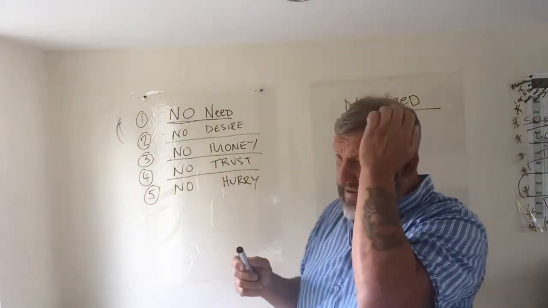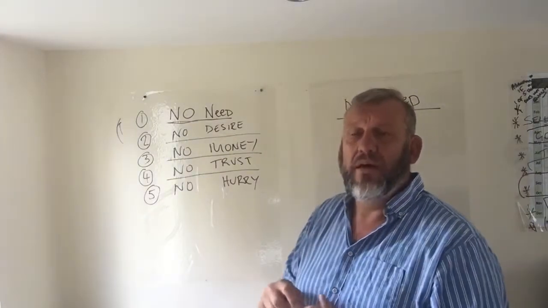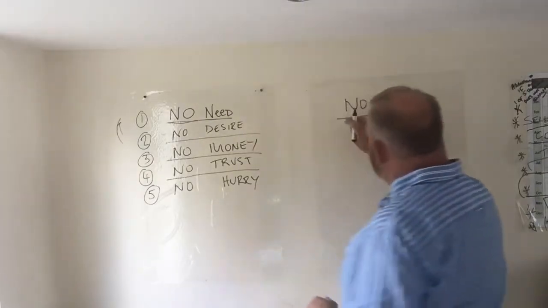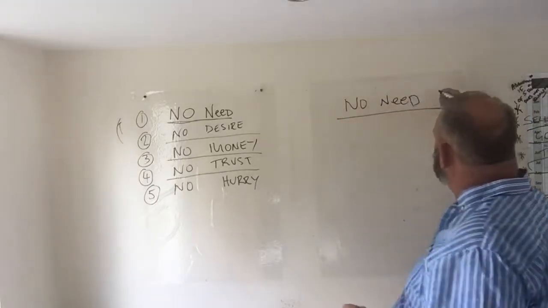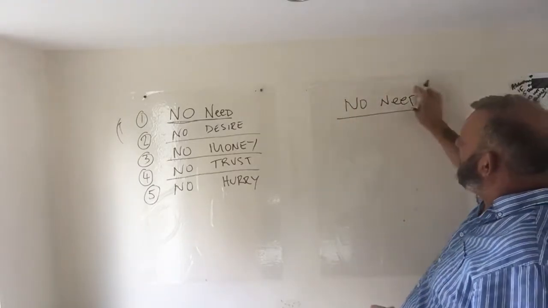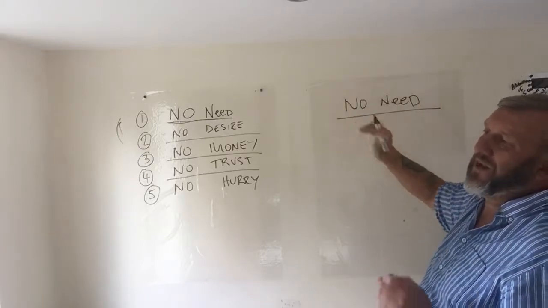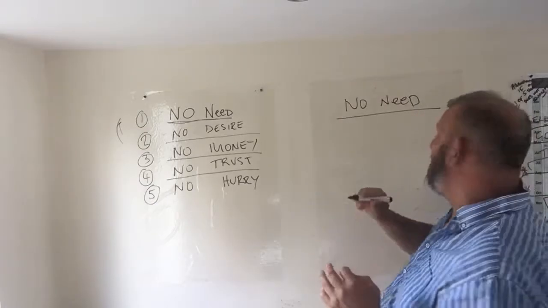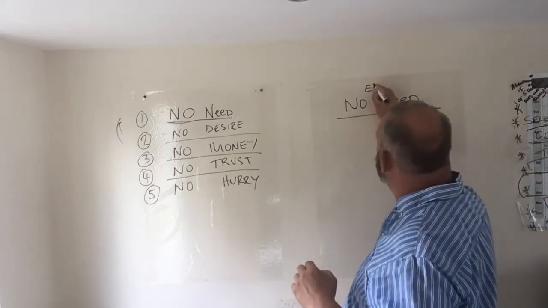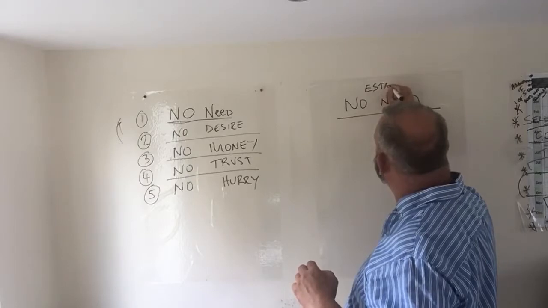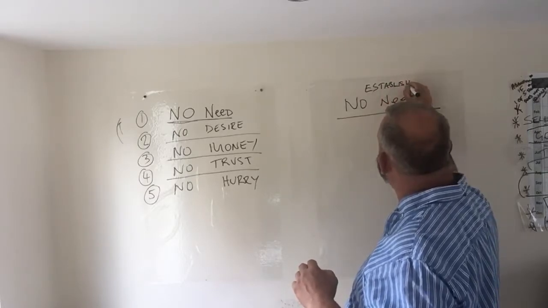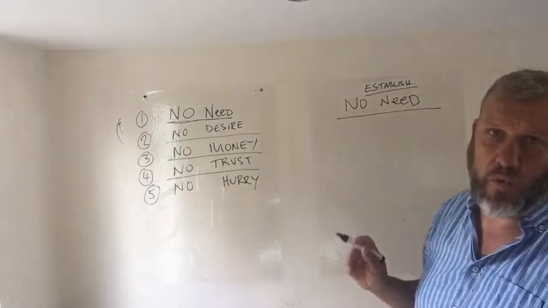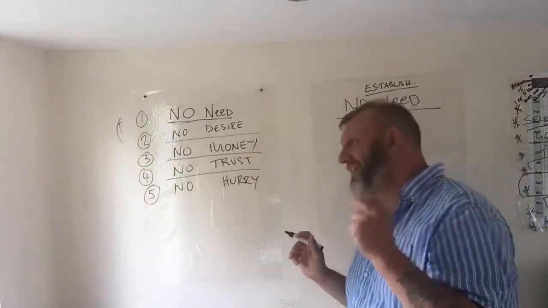Today I'm going to break that down a little bit more, and I'm going to explain how with no need, if we know they won't buy if they don't have a need, we need to turn that on its head and actually establish that they do have a need for the product. So we establish this by asking questions and actively listening.